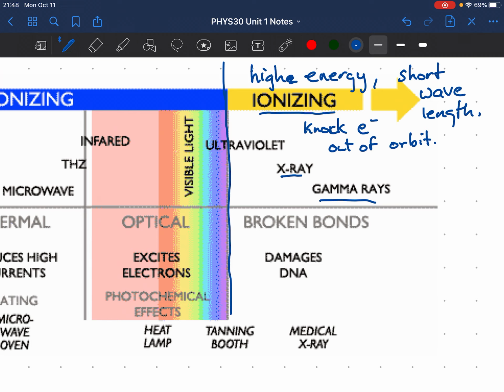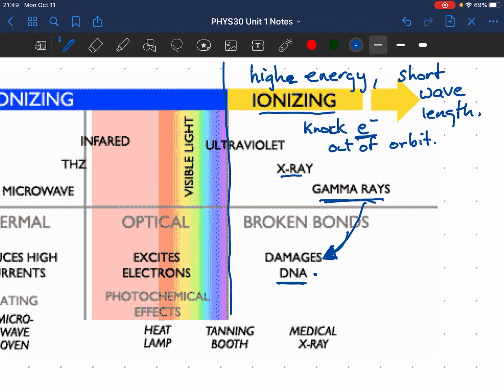Now, that's important because electrons are the source of chemical bonds. And when you alter the electron configuration of molecules, you can alter those molecules themselves. And DNA is one of the most important molecules in your body. It's a very large molecule with a lot of chemical bonds in it. And gamma rays can make it into the nucleus of the cell, hit the DNA, knock some of the electrons out of that DNA, damaging the chemical bonds in that DNA.